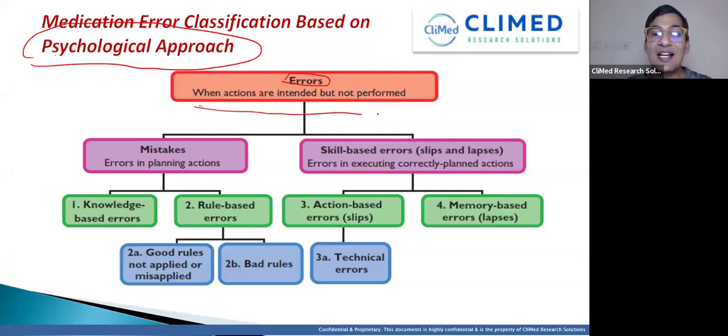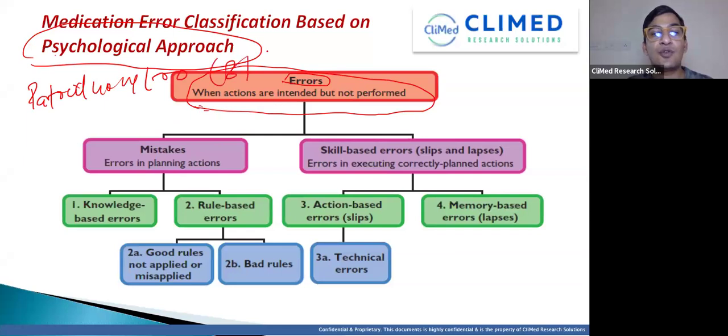When actions are intended but not performed. Actions means the right action. Suppose I want to write Pentocid 40 mg 100 and before food.